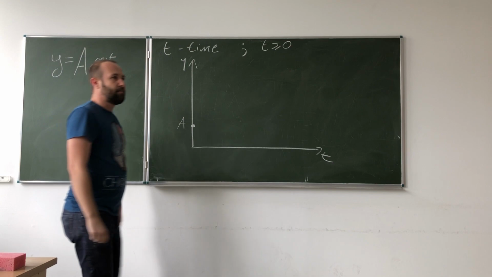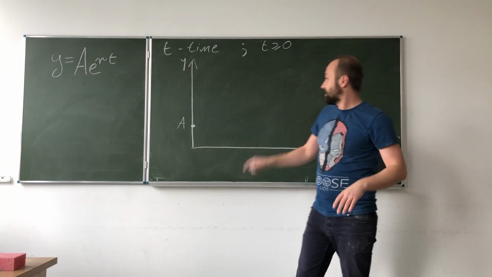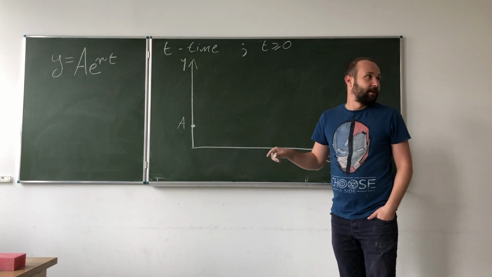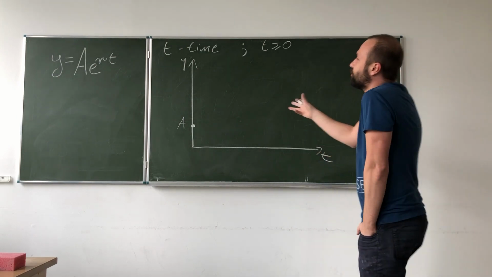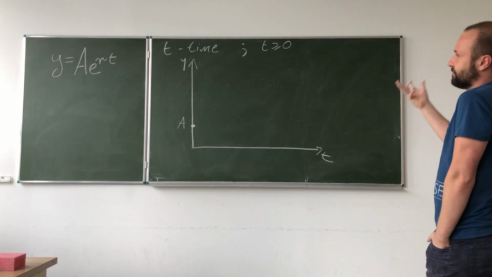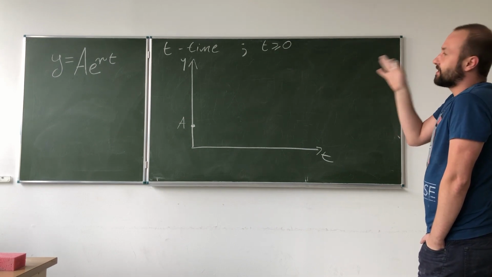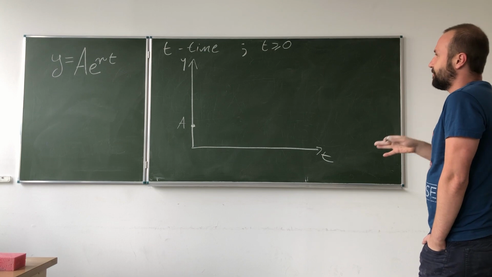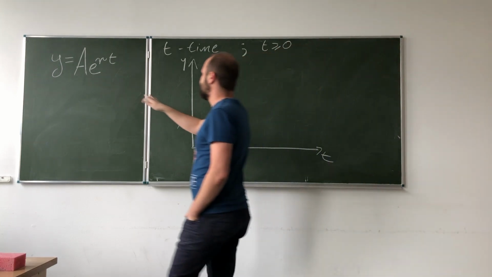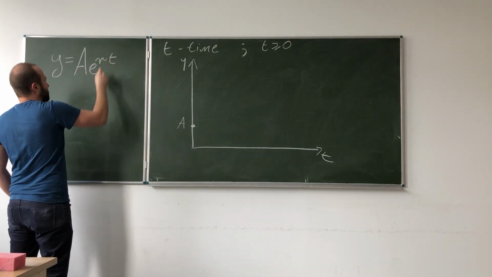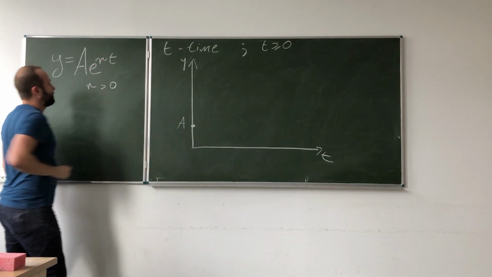As you will see, most likely this is some amount of money we've got, and we will see what will happen to it over time. And actually, this is exactly why we use e, because look, then this value will be growing, assuming of course that r is a positive number.